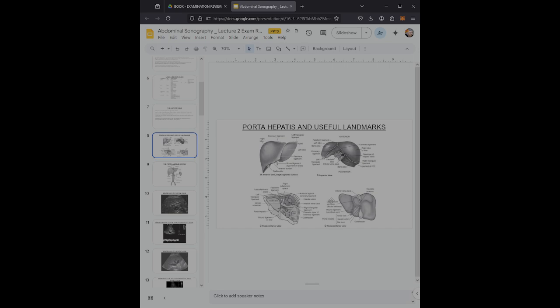The main lobar fissure, which houses the middle hepatic vein, is seen in a sagittal but oblique plane, and we see it as a hyperechoic line which connects to the neck of the gallbladder, and it arises from the right portal vein. And the main lobar fissure, once again, is used to separate the right and left hepatic lobes.